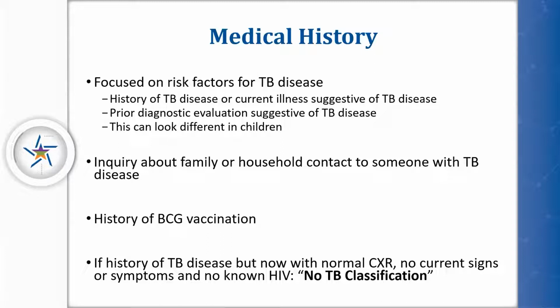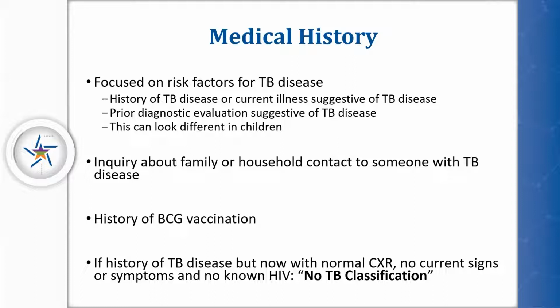These are all things that are more suggestive of TB in infants, for example, than the classic chest x-ray finding of cavities. So you want to inquire about family members or household contacts to someone with TB disease. So this is from adults down to children, especially relevant in children.